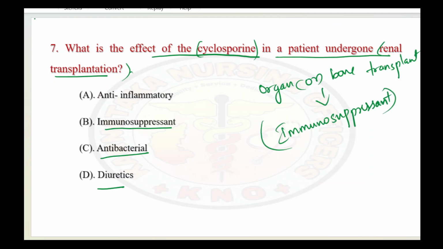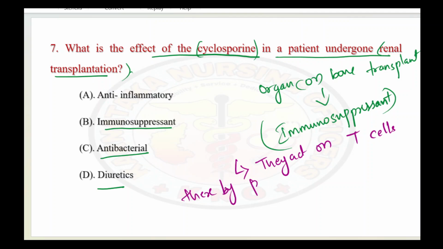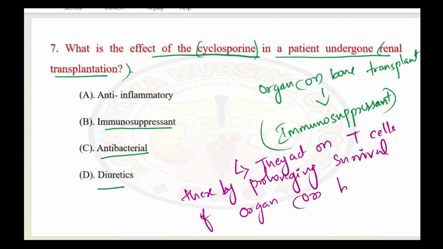Why we need these immunosuppressants is that they mainly act on T cells, thereby prolonging the survival of the organ or bone marrow transplant.